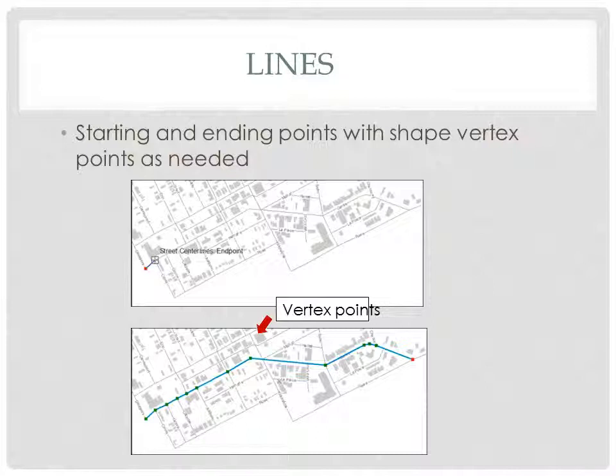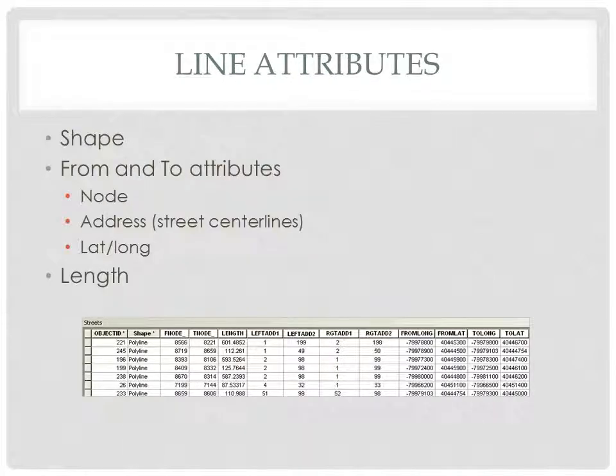Lines are digitized with starting and ending points, with shape vertex points as needed. So again, nodes form the beginning and end points, and vertex points form the in-between points that give the line its shape. Lines, points, and polygons all have attributes. In the case of lines, the line has a shape.